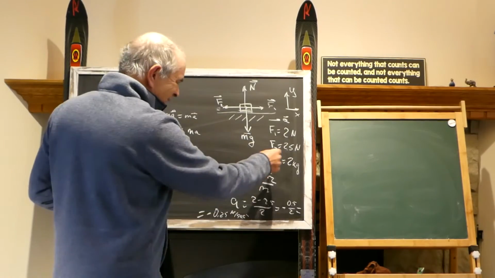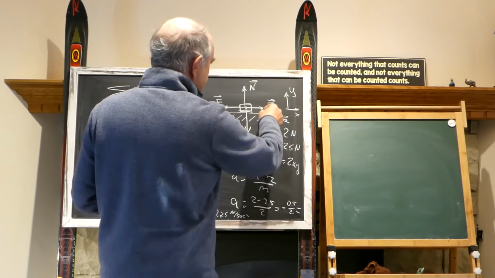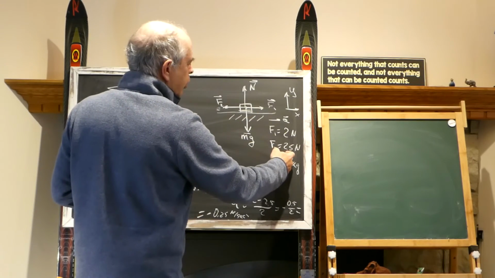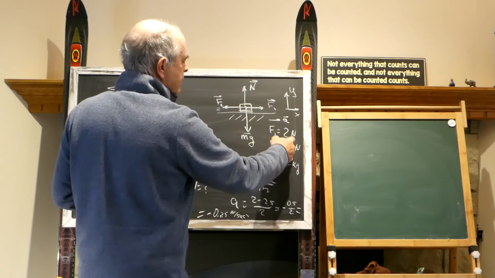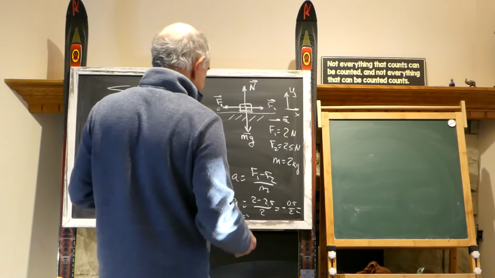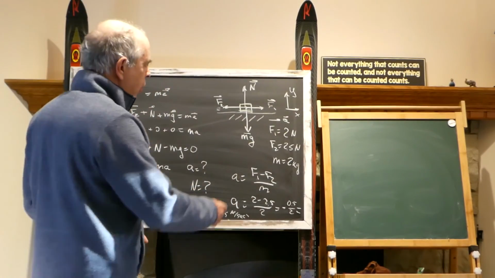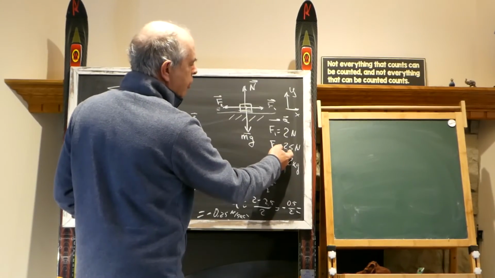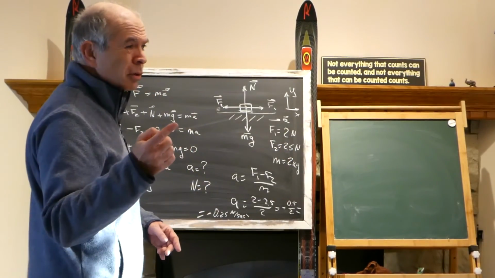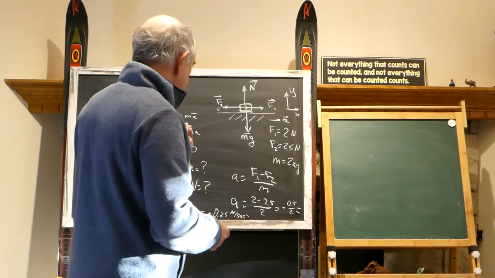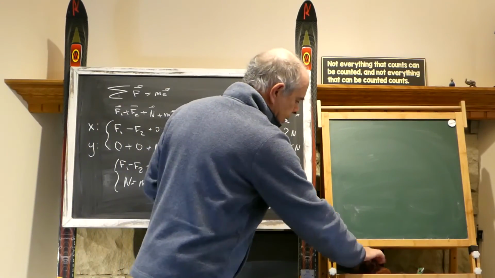So really it would be the same as to say there is no F1 and there is only one force this way, and this force will be 0.5, the difference between those. So that's why this acceleration is 1/4 of what it was before, because the net force was 0.5 instead of 1 newton in the previous problem, and the mass is double. Other than that, pretty straightforward.